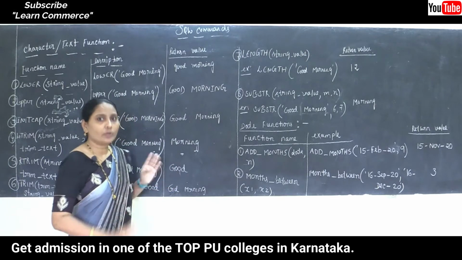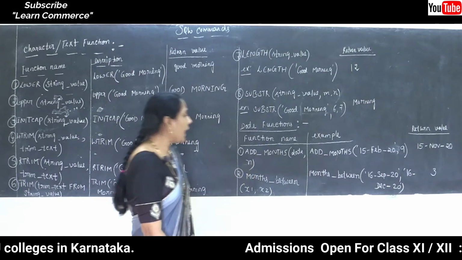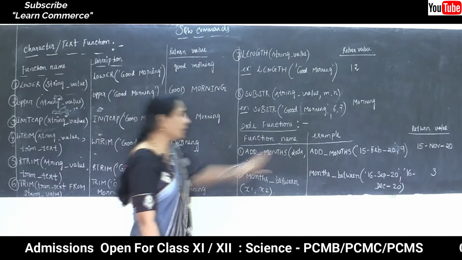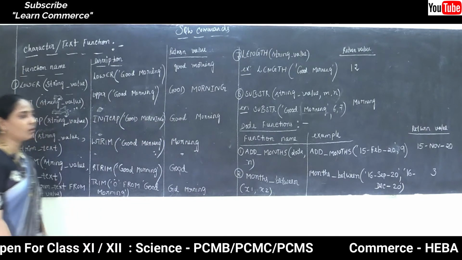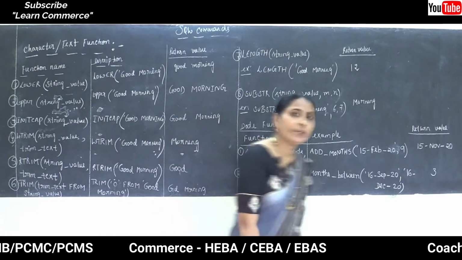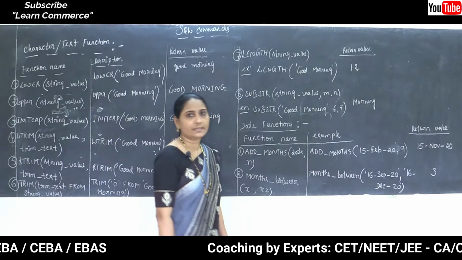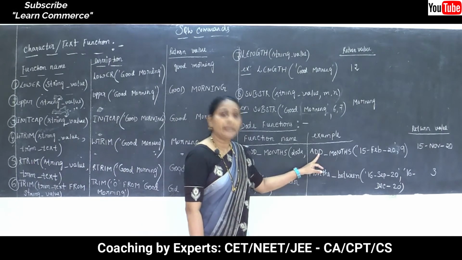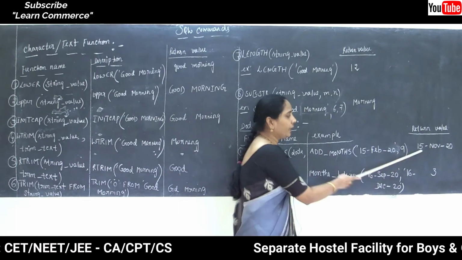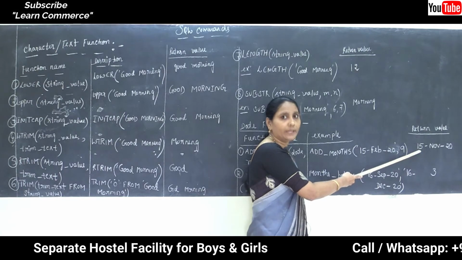Now the first date function is ADD_MONTHS(date, n). What about ADD_MONTHS(date, n)? We can say that it returns the date value after adding n months to the date x. So it returns a date value, but after adding n months to the date x.